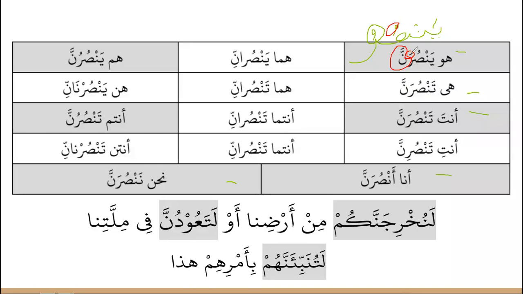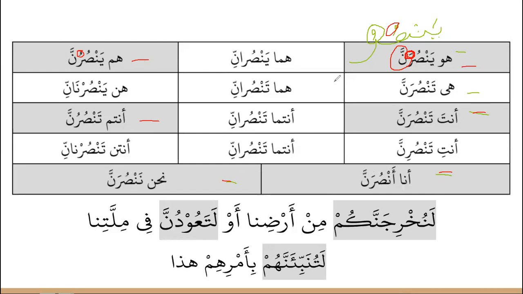And you can easily identify: if the letter before the noon shadda is fatha, then it's either huwa, hiya, ana, or nahnu. Okay, and if the letter before the noon shadda is a dhamma, then it's the combination one, whom, antum, those two. Okay, the rest of them you don't have to worry about.